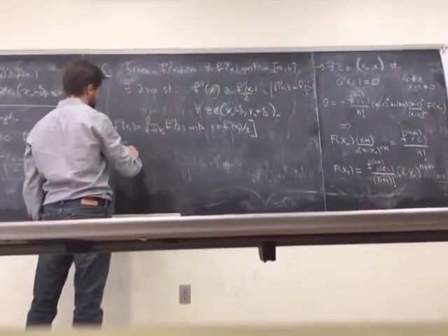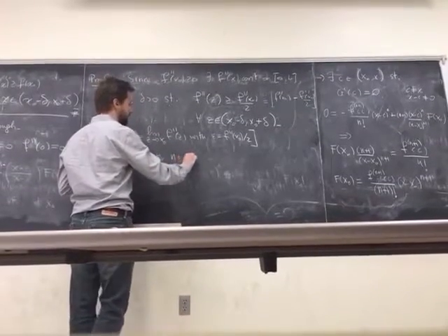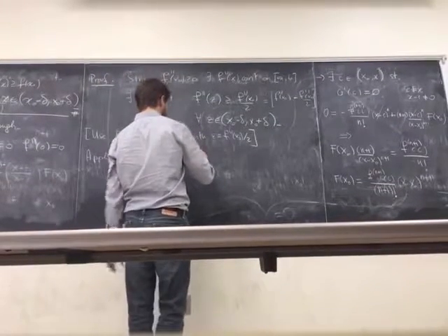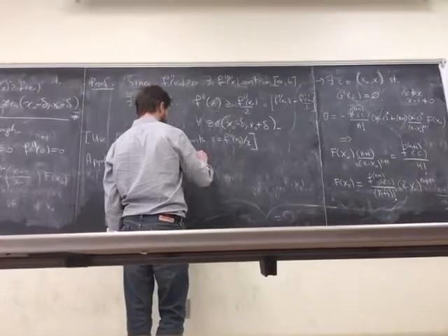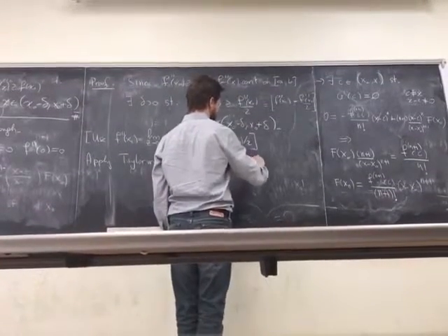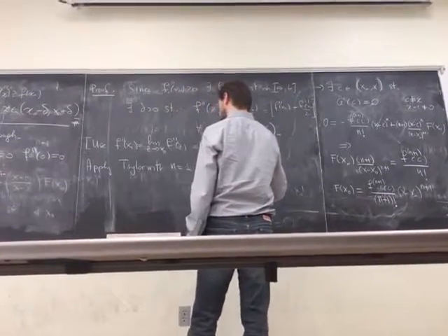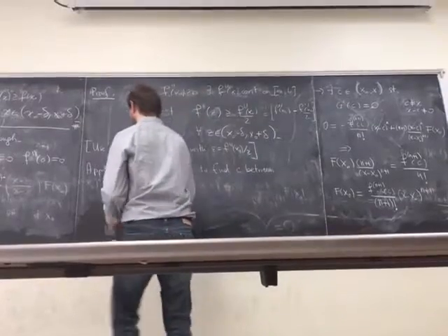Okay, so now apply Taylor with n equal to 1 to find a point C between, well no, okay, let me say this again.